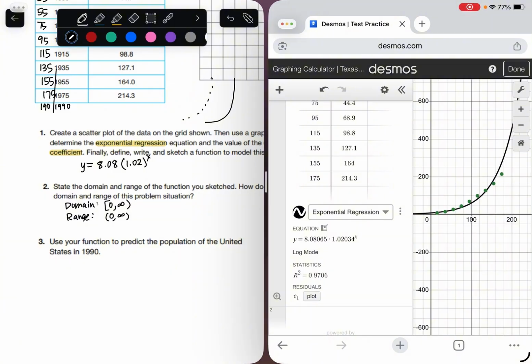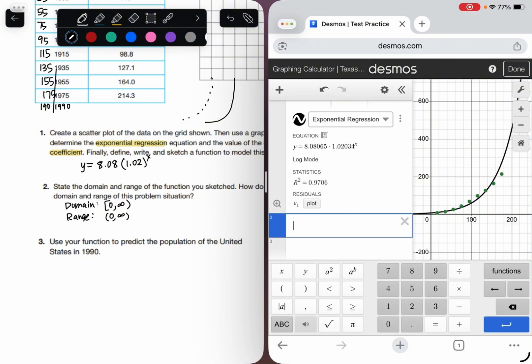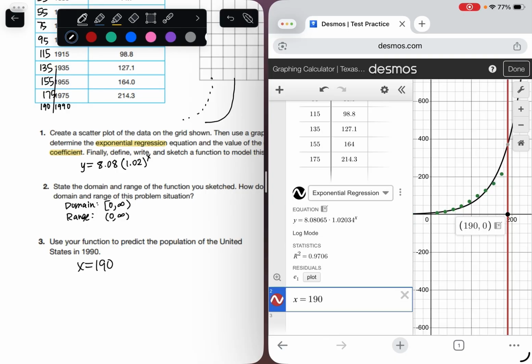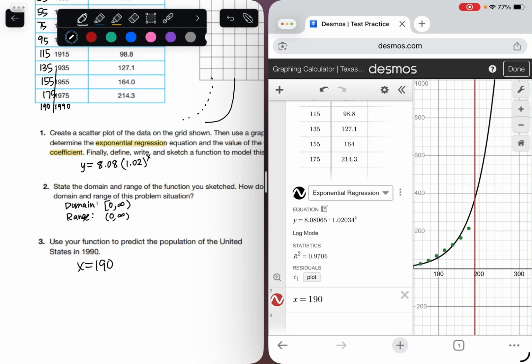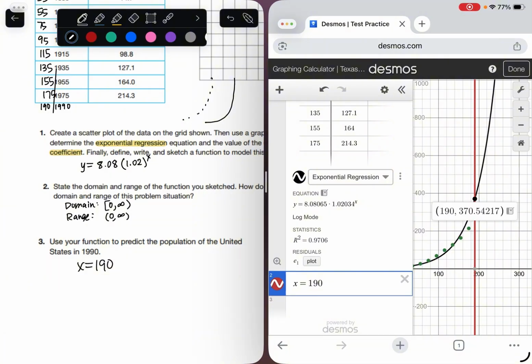And so in Desmos, there's a couple ways to do this. Because we have our graph, our black graph, you can just go underneath and type x equals 190. And then it's going to graph a red line where the 190 is, and you would just click where it intersects our model.